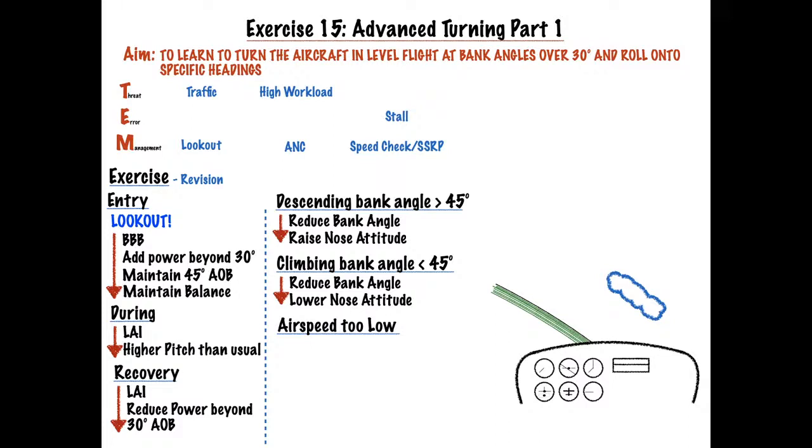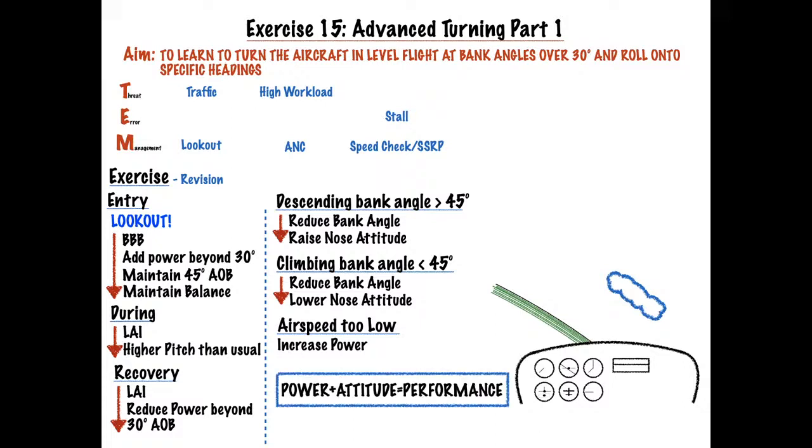If you see yourself deviating, reduce slightly, correct, and then go back into the turn. We might have an issue of the airspeed being too low. We start by fixing that by increasing the power. And if that doesn't work, repeat the instructions above. Reduce the bank angle, lower or raise the nose, and then go back to what you need to do.